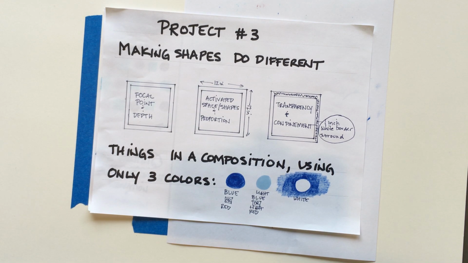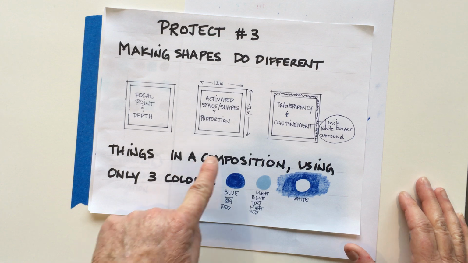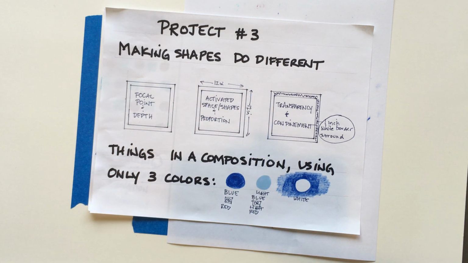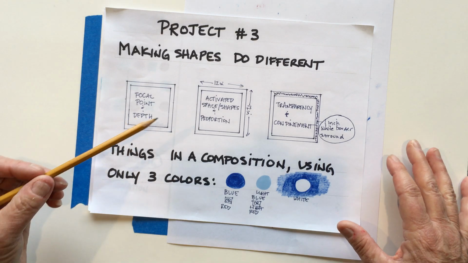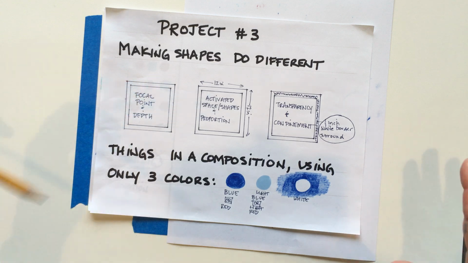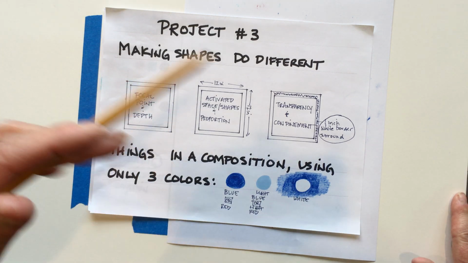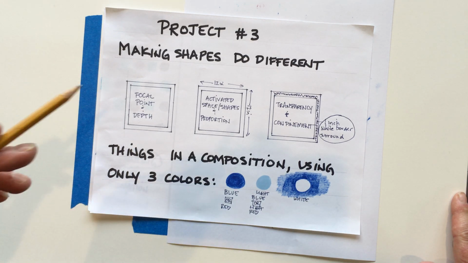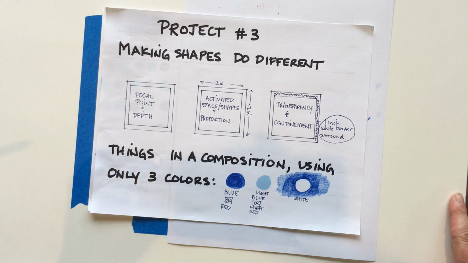So this is the third of 4 videos that has to do with our project number 3. And what I want to talk about today is how to work on the second composition you'll be doing, which has to do with activating the shapes, which means basically making our eye move around the composition you're going to be doing, so that it does not land on a focal point.